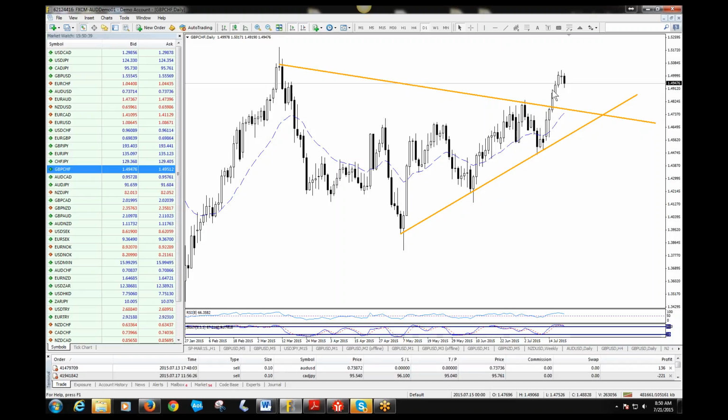Aggressive, you'd be in right here. More cautious, you'd be in right here. Even with the more cautious, I'd wait for the pullback because it was 1, 2, 3, 4 candles already. So I'd wait for a little pullback and then enter just to get in at a better price. And then we had the Aussie CAD daily wedge.